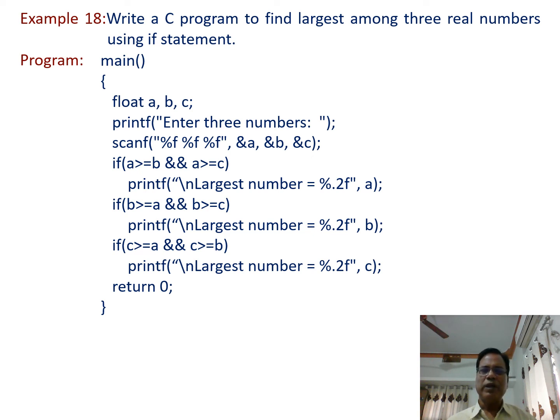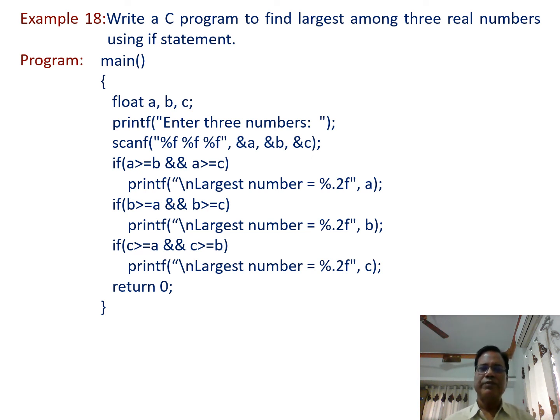In a similar way, we use three if statements, and in each we include a similar type of logic. We first compare a with b and c. If a is greater than or equal to b and also greater than or equal to c, the condition is going to be true, and when it is true, the result is printed out. If any condition is false, the resulting AND output is going to be false.